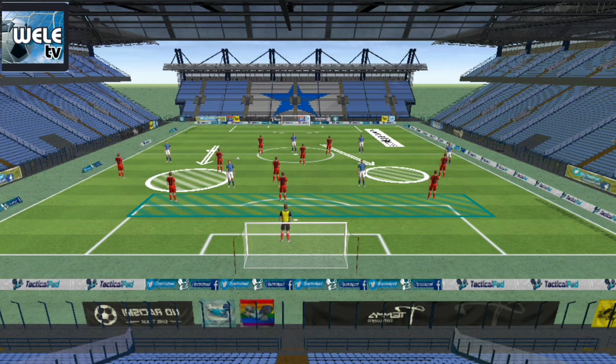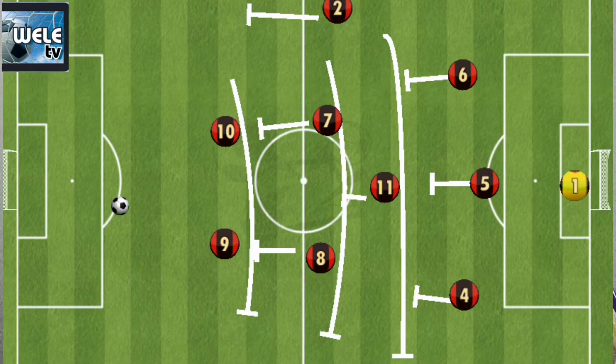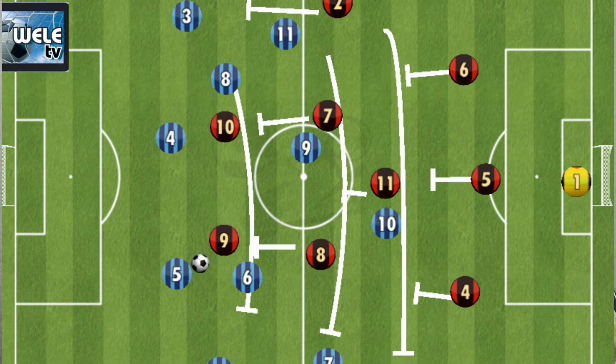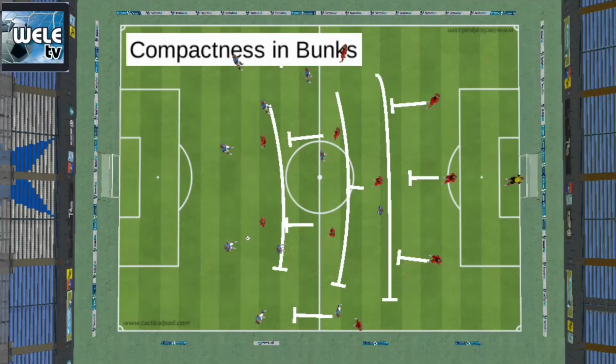The other thing that it does for you in the defensive areas is that it gives you a lot of compactness between the banks. Now the banks are these lines that you hear, maybe 3-1-4-2, those are the banks. Depending on how you set up, let's say you've set up in a 3-5 where that 5 is made up of 1 just sitting right in front of the 3 center backs, it offers you a lot of closeness in terms of the banks.